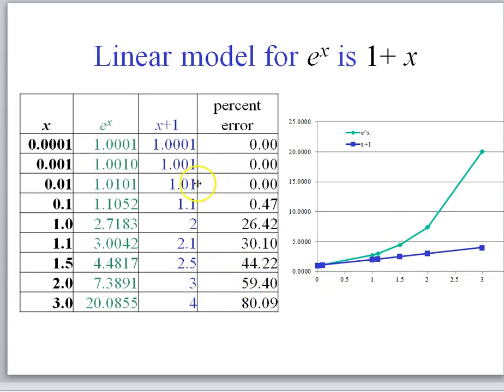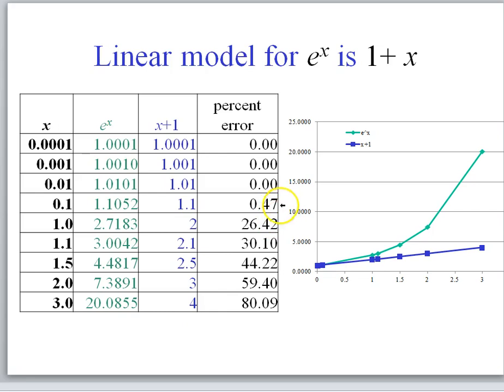If we look at the percent error, if x is less than 1/100th, we have, to 3 significant digits, 0% error. If it's less than 1/10th, we're still less than 1% error, only 0.5% error. If we jump to 1, we jump to 26% error. So somewhere between 0.1 and 1.0, we exceed a 1% error.